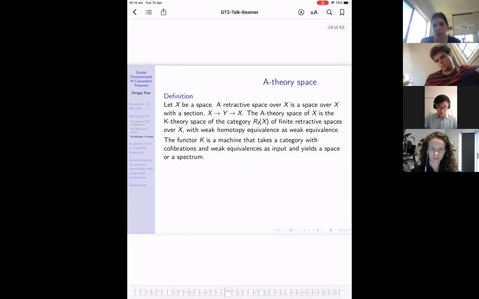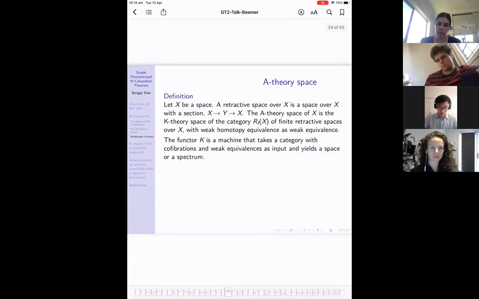X can either be a topological space of the homotopy type of a CW complex, or just a simplicial set. A retractive space over X is a space over X with a section, namely X to Y to X. A space over X is a map from Y to X, and the section means the composition is the identity.